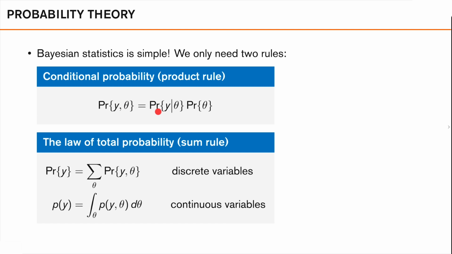The product rule then states that we can always factorize this joint probability as the conditional probability of y given theta times the probability of theta. Note that the order here does not matter, and we can always factorize it the other way around. So we can factorize it as the probability of theta given y times the probability of y.